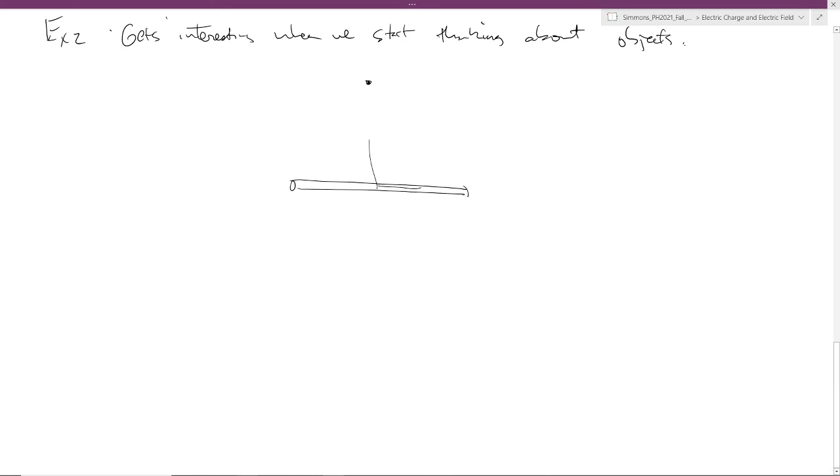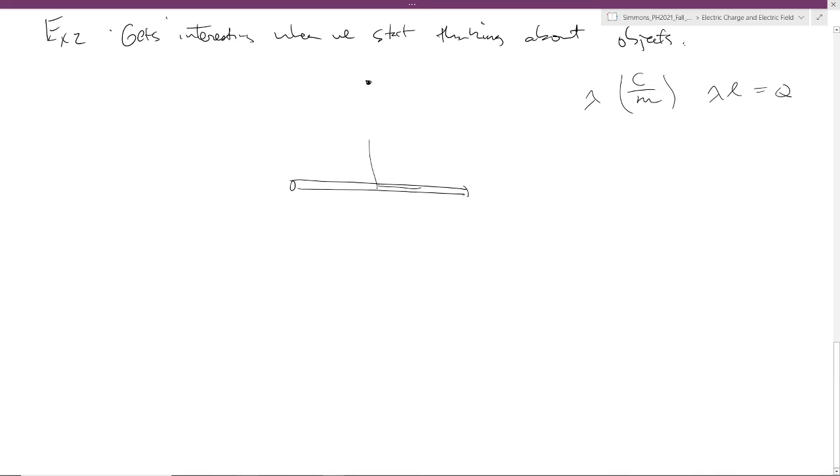Since the charge distribution is one-dimensional, instead of Q, we're going to work with something that, by convention, we call lambda. This has units of coulombs per meter. It's the charge density per unit length. If you multiply this by some length, that would tell you how much charge you have.